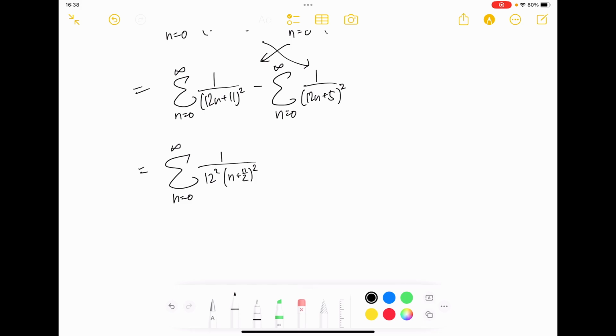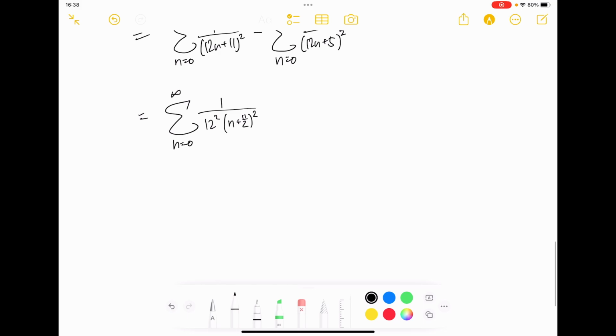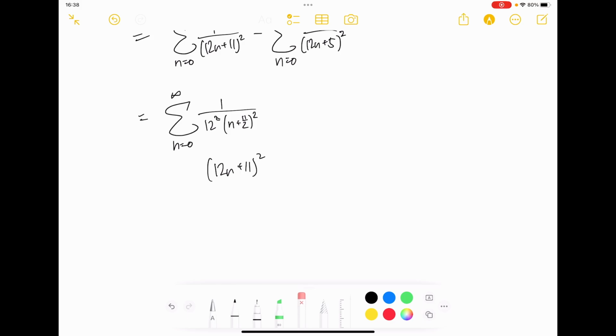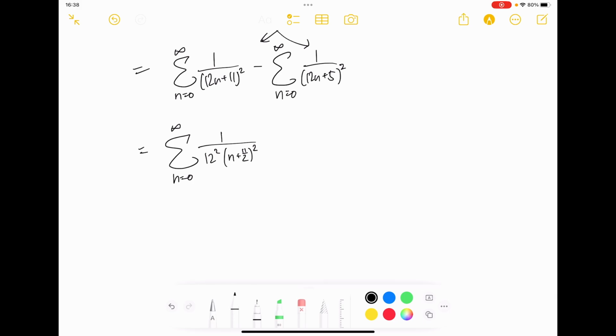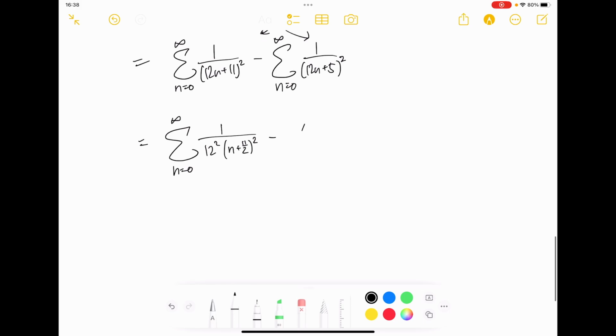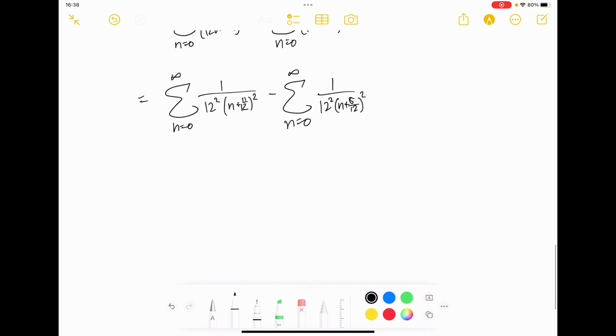And you can verify that this is correct by multiplying them in, so that's going to get us 12n plus 11 squared if you combine the squares together. Same thing here. We're going to get minus this, and then 1 over 12 squared, n plus 5 over 12 squared.